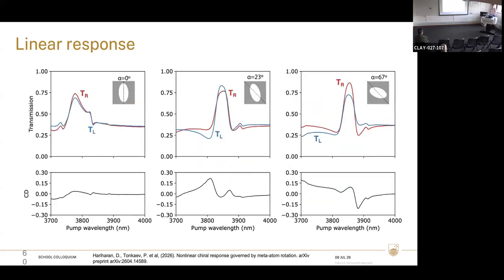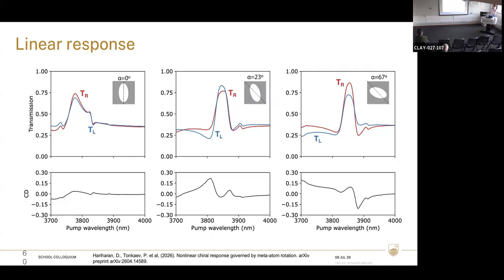In reality, it becomes a bit more complicated. So we did fabricate the sample. It's a freestanding membrane, ideally with no substrate at all, so we cannot blame the substrate for this non-zero CD here.